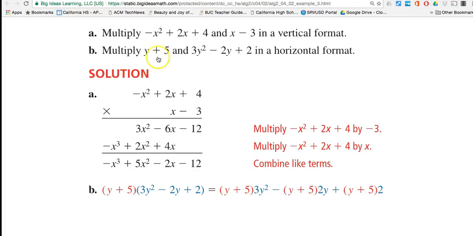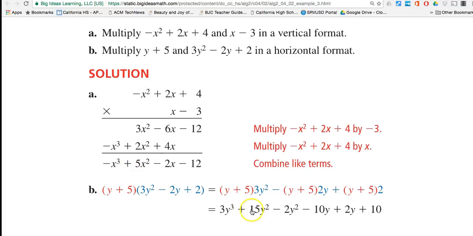So what we've done, again, is we've taken our first polynomial and we are multiplying that separately by each term in our second polynomial. So basically, you're just distributing each term in our second polynomial into the first. So 3y squared times y plus 5, minus 2y times y plus 5, and then 2 times y plus 5.